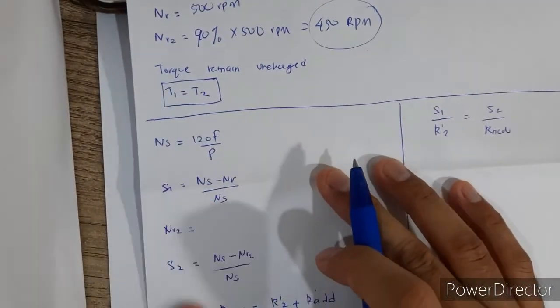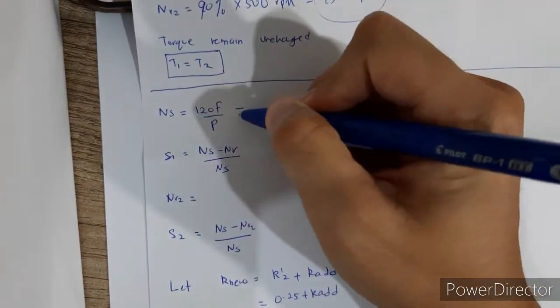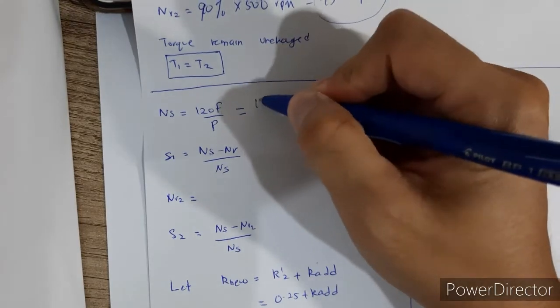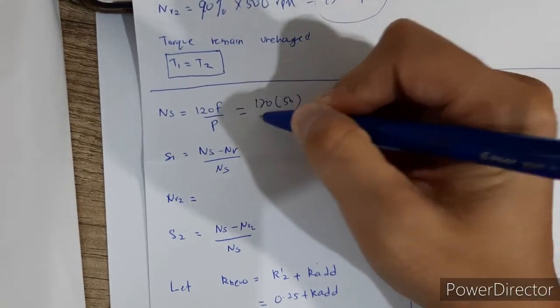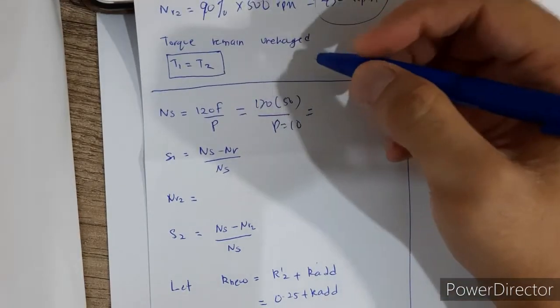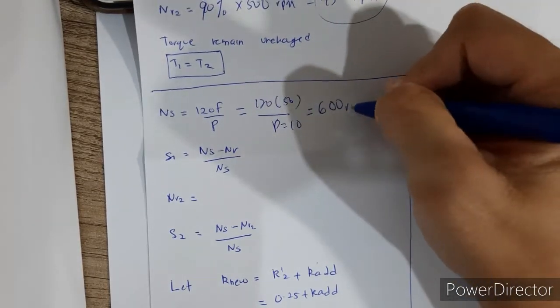Firstly we analyze the normal condition, where we determine NS equals 120f over P. So 120 times 50 over P, where P equals 10. So NS is equal to 600 rpm.